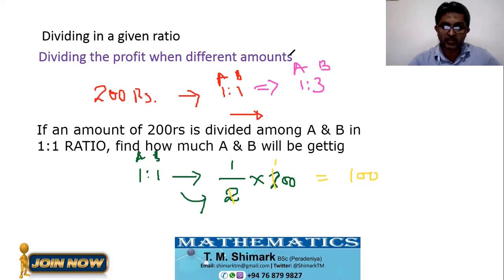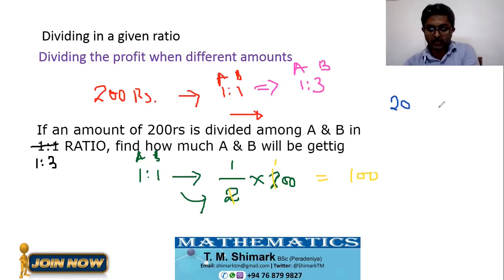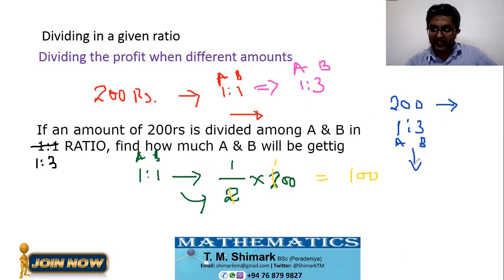Can someone say what the answer will be? 200 rupees is divided among two people in the ratio of 1:3. A is getting 1 part, B is getting 3 parts. So how much is A getting and how much is B getting?